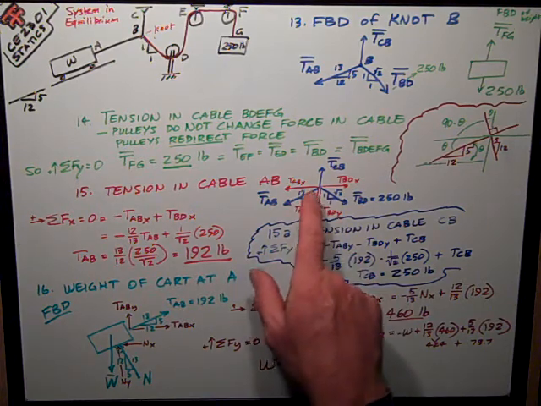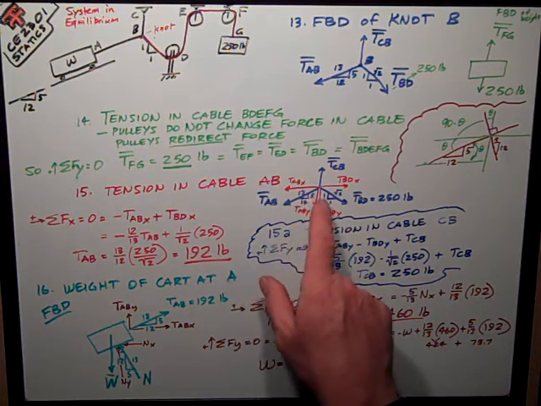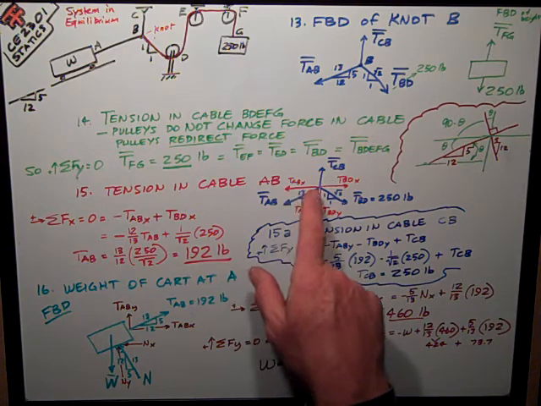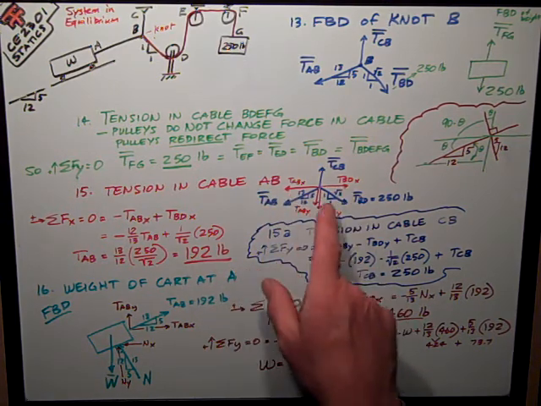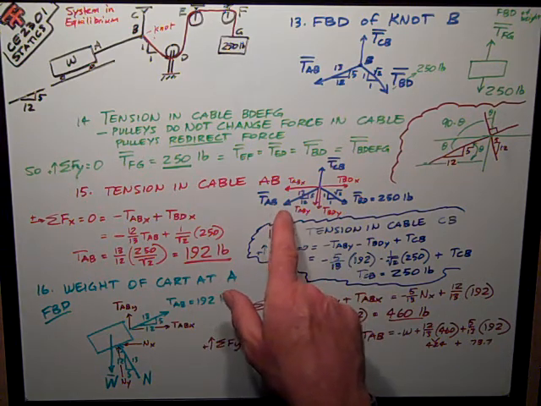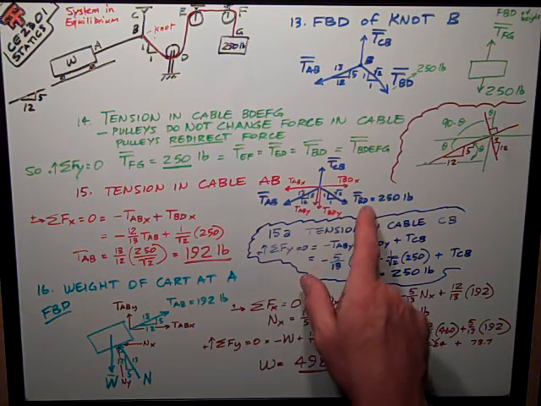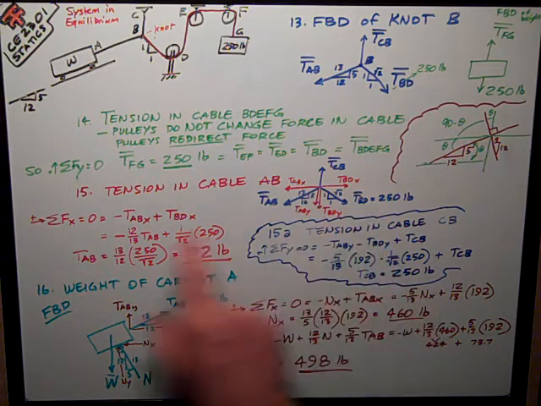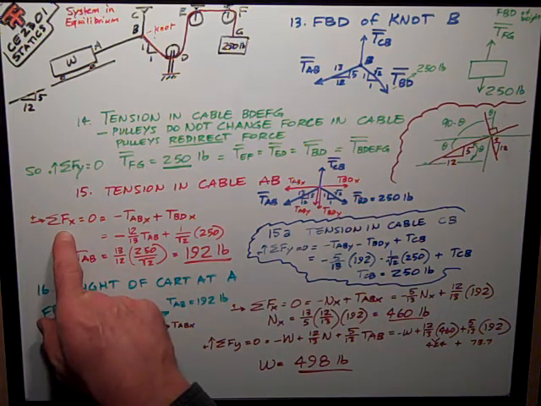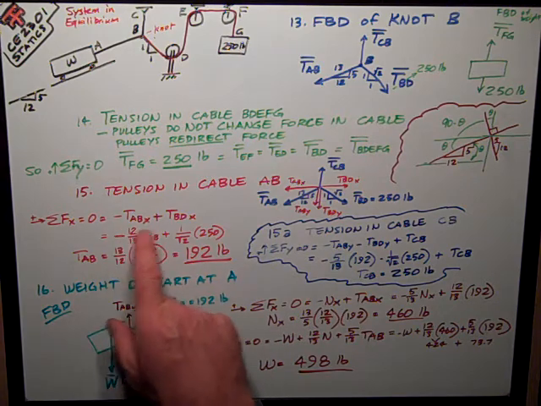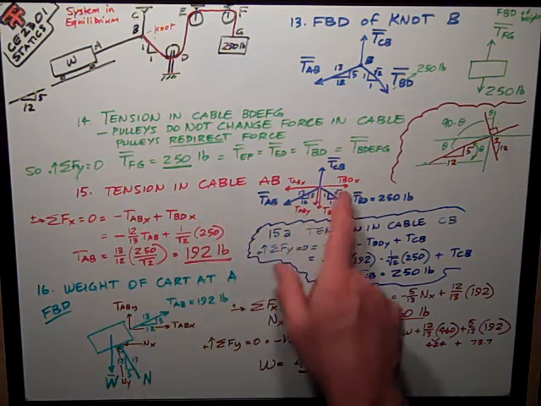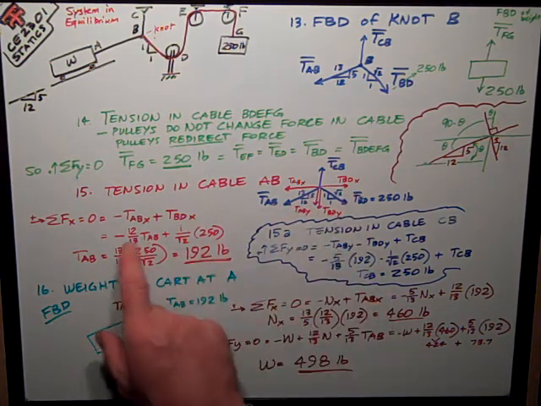If I just work with the X direction, TABX and TBDX, I can solve for the force in TAB directly, because I know that TBD is 250 pounds. So I write a sum of forces equation equal to 0, positive to the right: negative TABX plus TBDX.